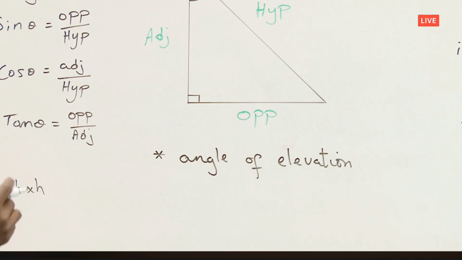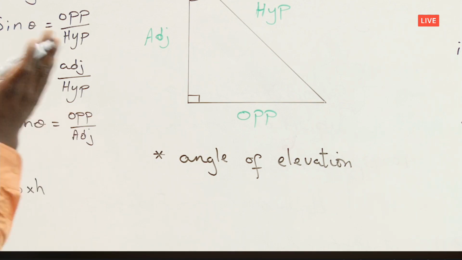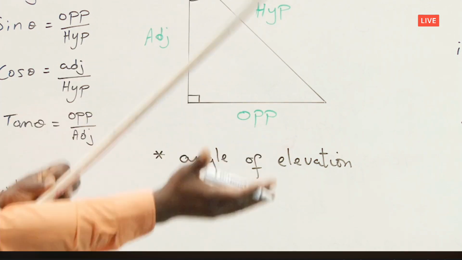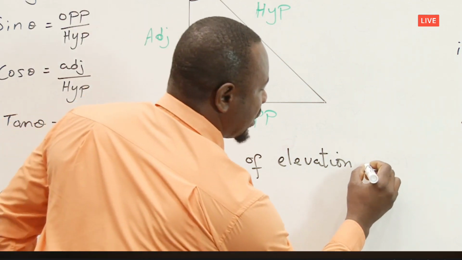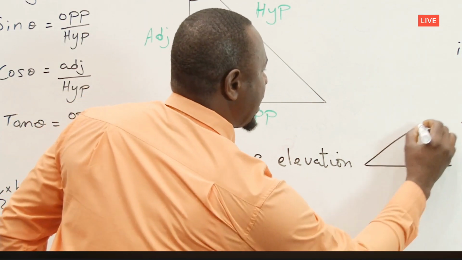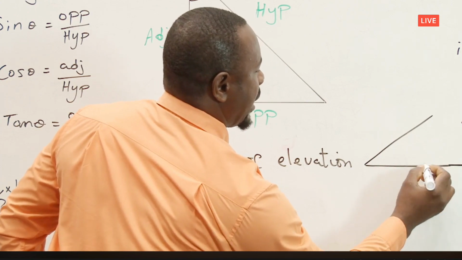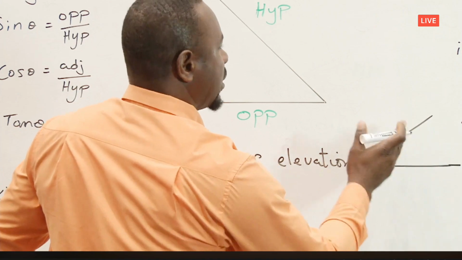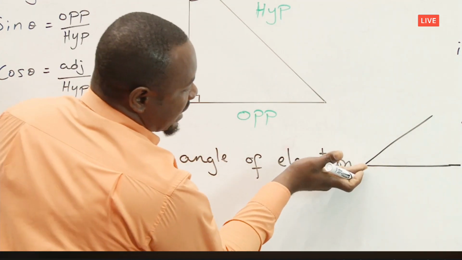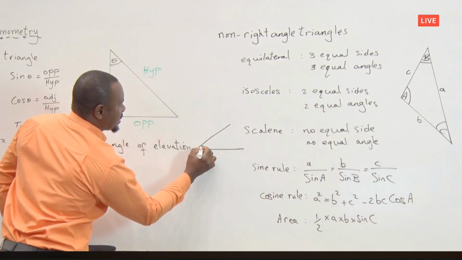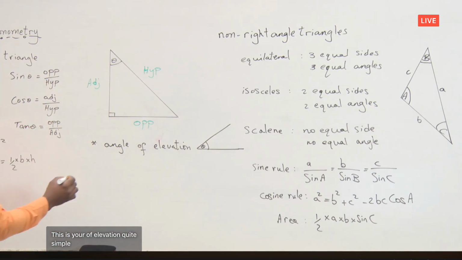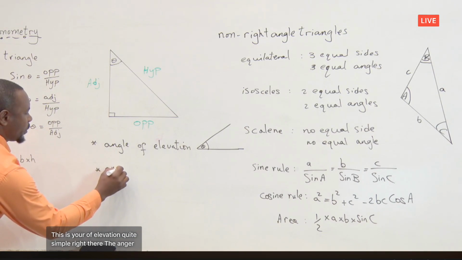It is where we're going to create an angle with a horizontal line and another line projecting upwards. So the angle of elevation looks like this, the horizontal line and a line projecting upwards. So you're looking at something upwards with the horizontal line. So this is your angle of elevation, quite simple right there. The angle of depression.